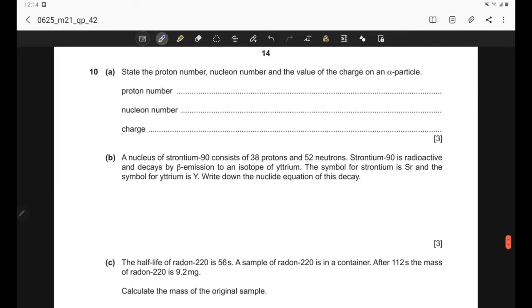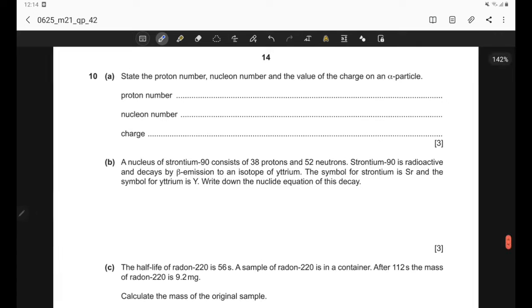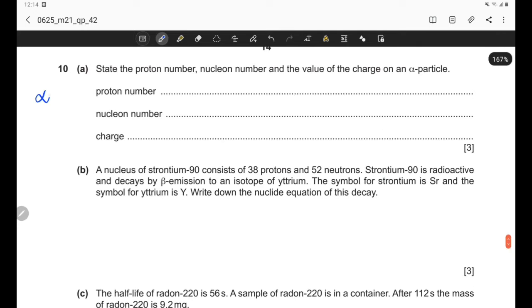Last question, question number 10, part A. State the proton number, nucleon number and the value of the charge on an alpha particle. Here we should know that an alpha particle is similar to a helium nucleus. The symbol for helium is 2, 4.